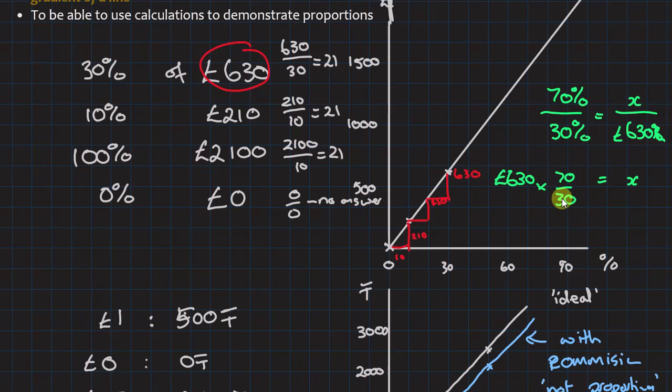So 630 times 70 divided by 30 is 1,470 pounds.